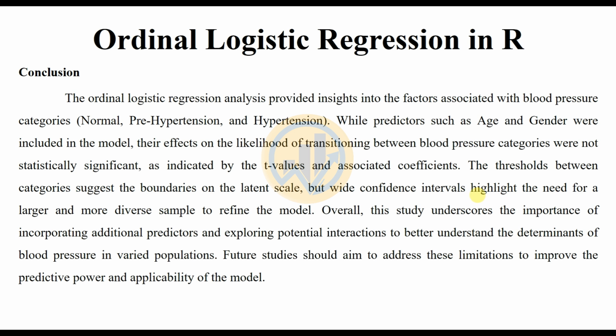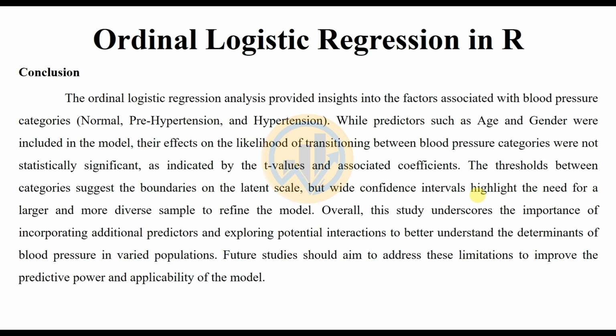The thresholds suggest the boundaries on the latent scale, but the wide confidence intervals highlight the need for a larger and more diverse sample to refine the model.